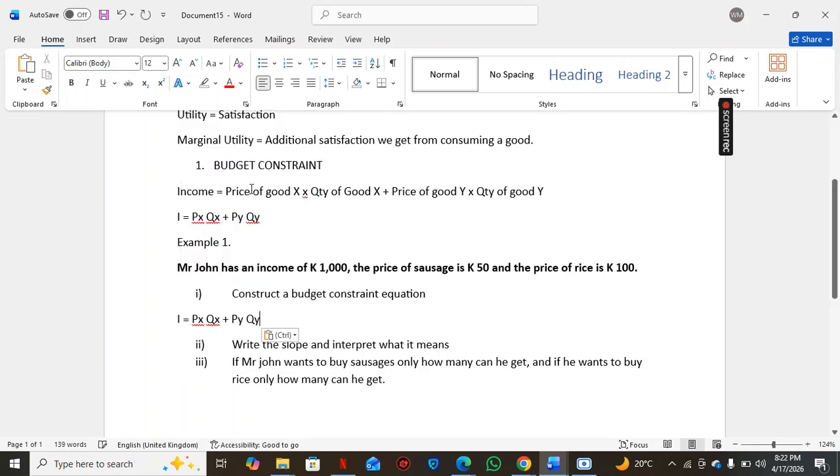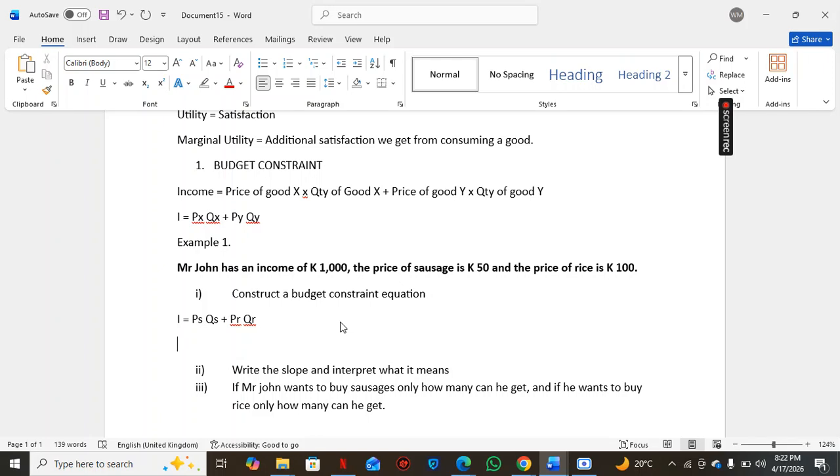In this case, our good X will be sausage, price of sausage PS, quantity of sausage QS, price of rice PR, quantity of rice QR.